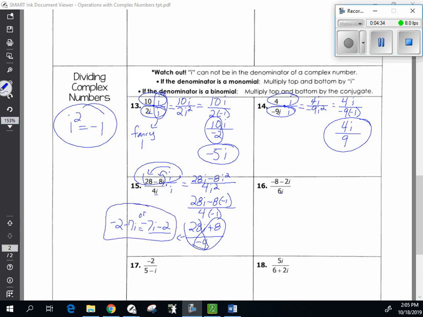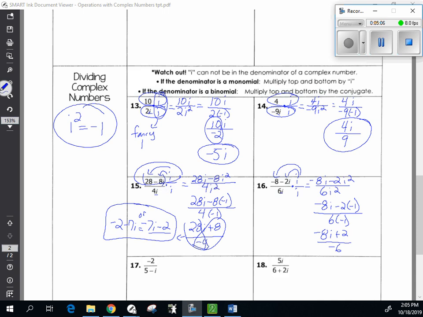And last but not least, i here and i here. This is -8i minus 2i squared. So you do distributive property over 6i squared. -8i minus 2 times -1 over 6 times -1. -8i plus 2 over -6.